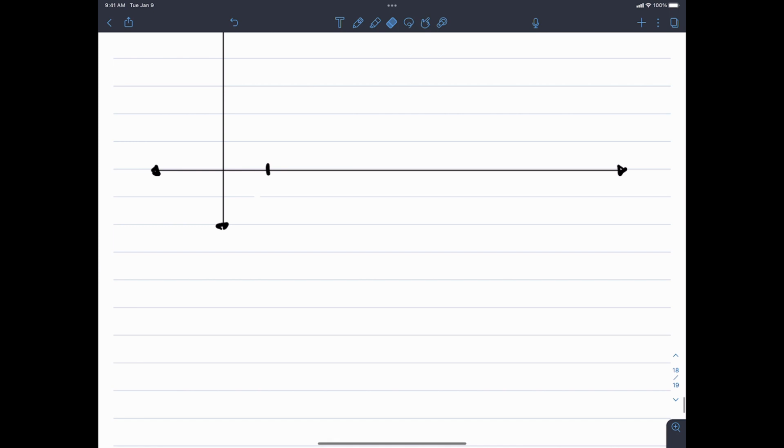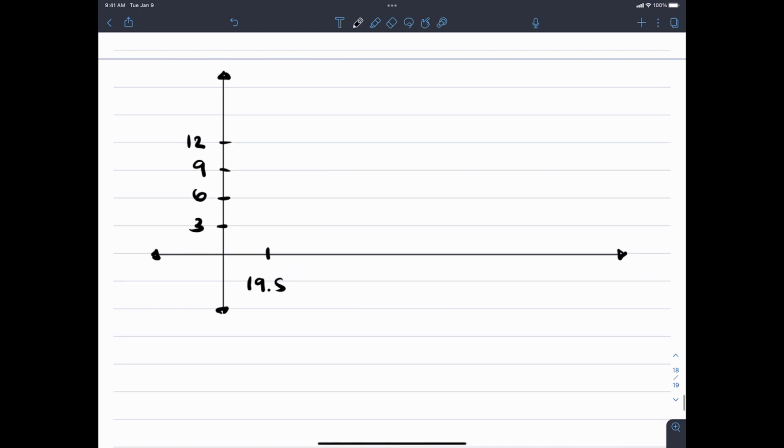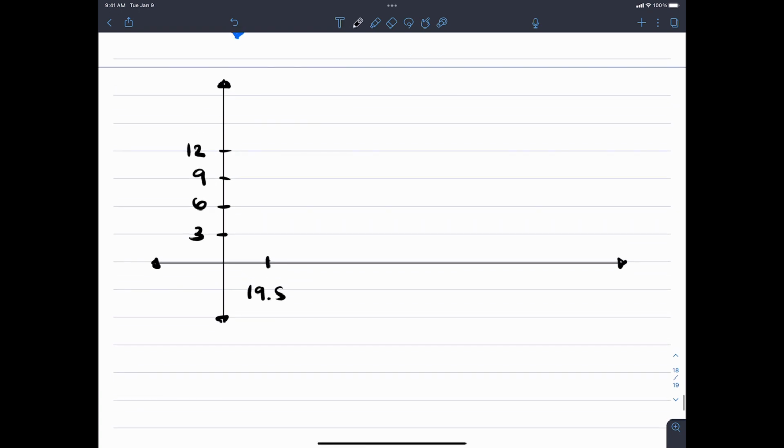So there's 19.5 here as a midpoint, right? And then here's 3. Here's 6. Here's 9. Here's 12. And then that was 15, but I'm going to have to plot a point there and I label the frequency. That was 13. You guys okay with that?